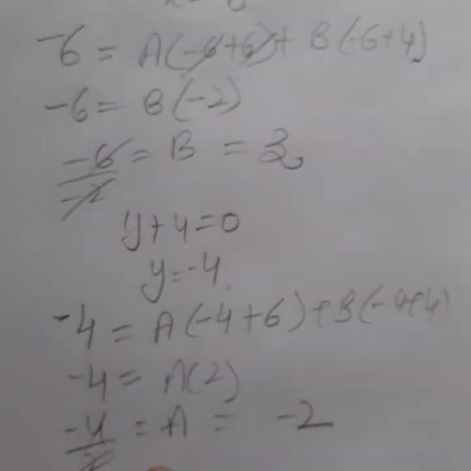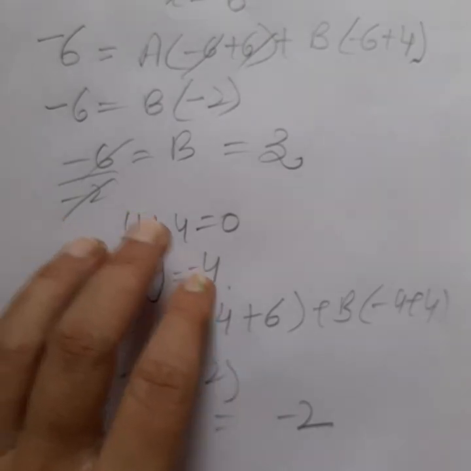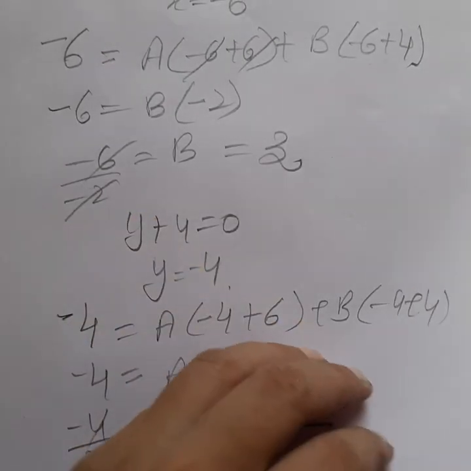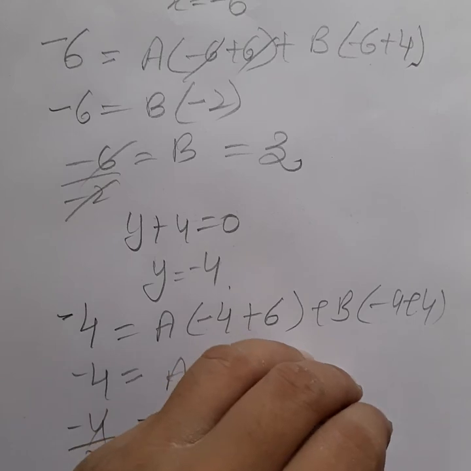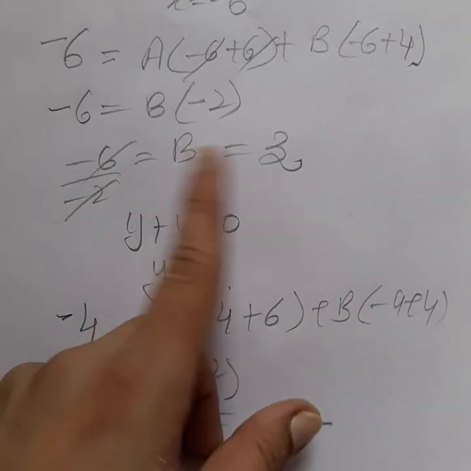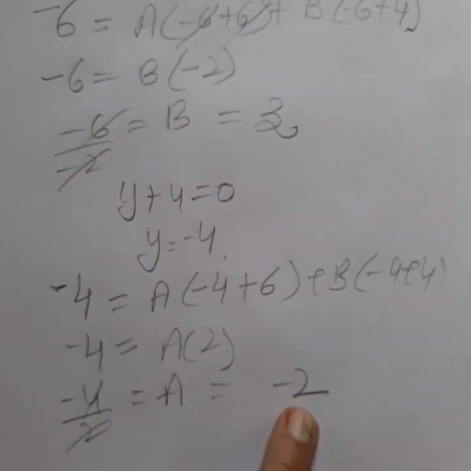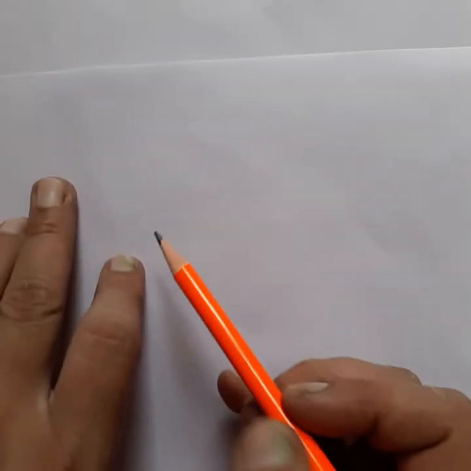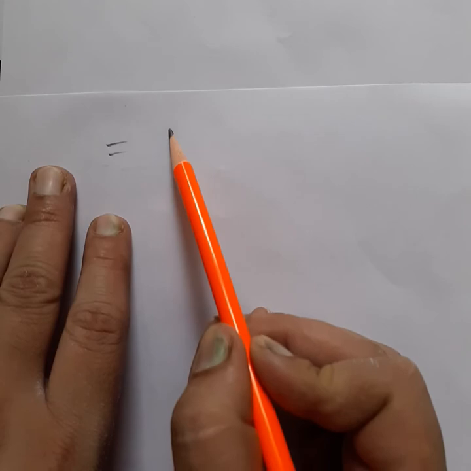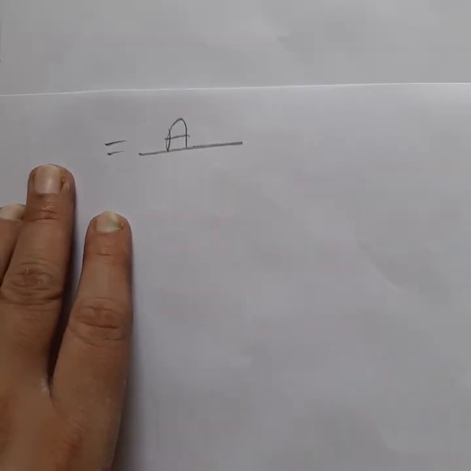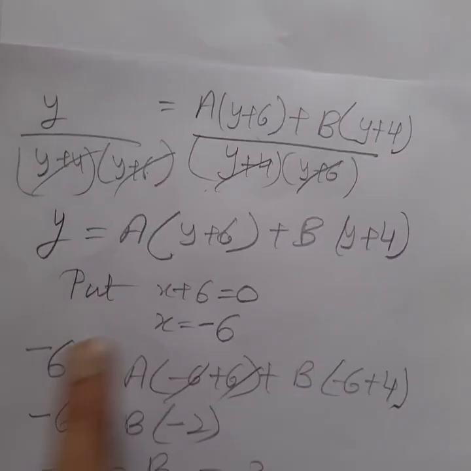So now we have to put these two values of a and b in our question. So what is our question? The value of b is 3. I repeat, the value of b is 3 and the value of a is minus 2. Now put it in our question. We have a upon, what is the function?